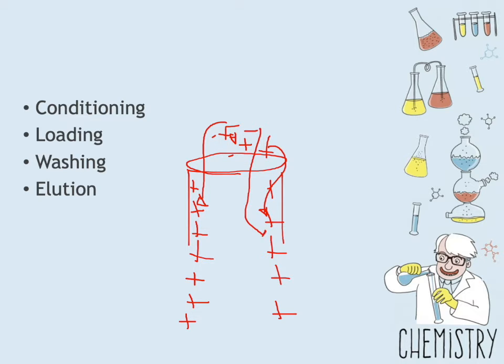So no negatively charged molecules will be able to pass through the chromatographic column. The only molecules that are able to pass through the column are the positively charged samples, and they are eluted, undergoing the process of washing or elution.